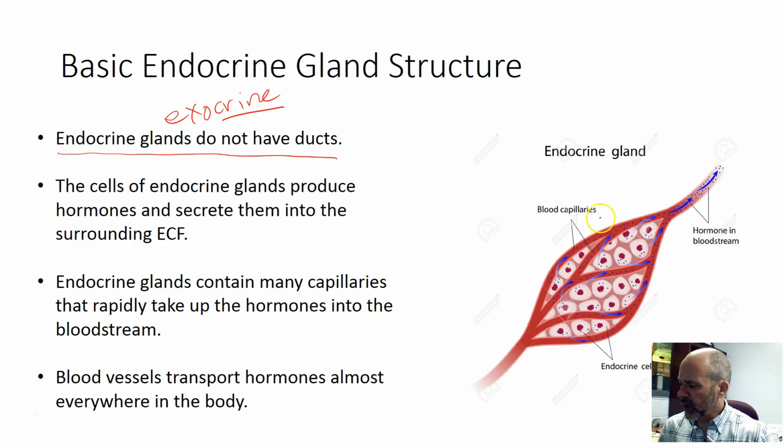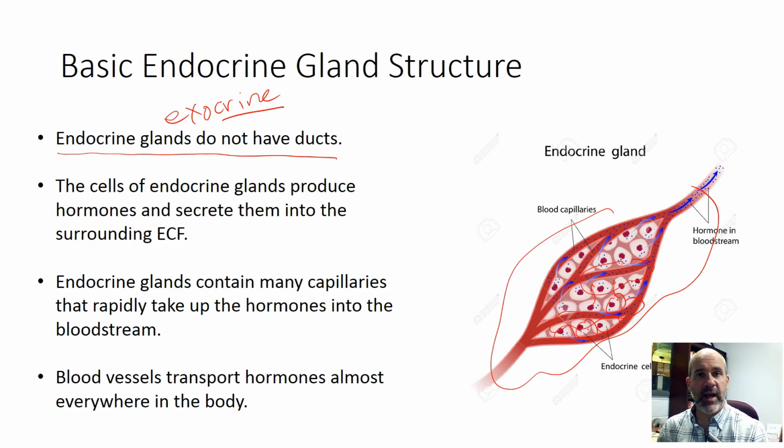So a typical endocrine gland more or less looks like this. You have within the gland cells, like you see here. Those cells are responsible for producing the hormone or hormones made by that gland. Those hormones then are secreted into the surrounding interstitial extracellular fluids, and they're very quickly taken up by little teeny tiny microscopic blood vessels called capillaries that are located within those glands.